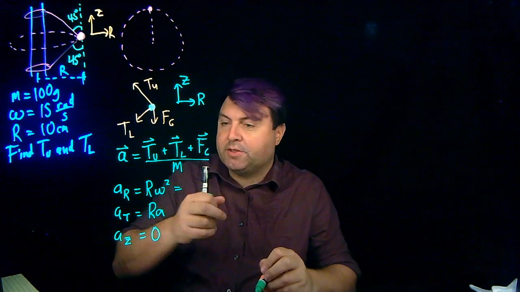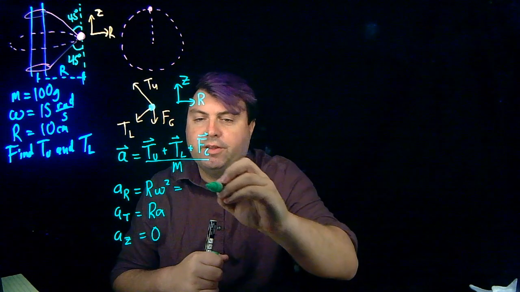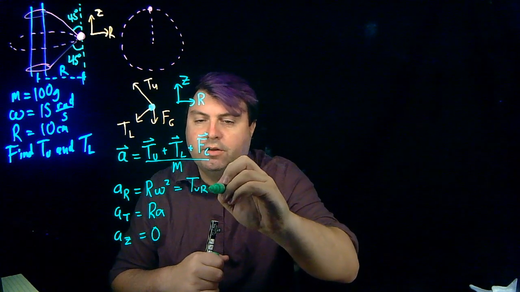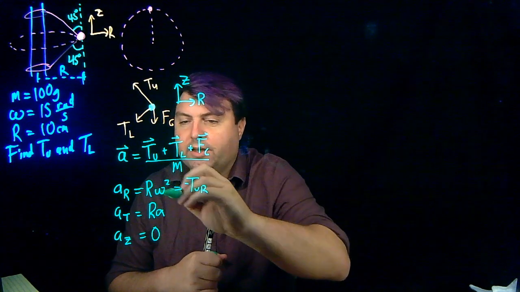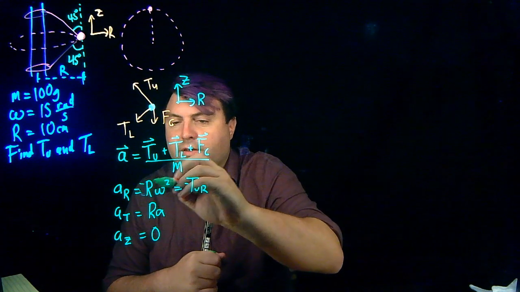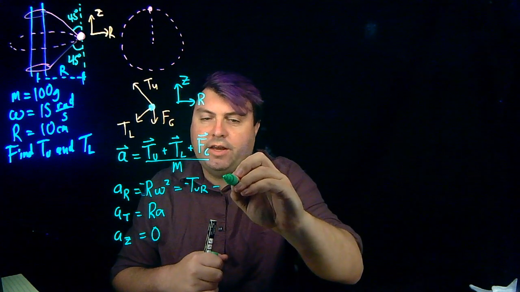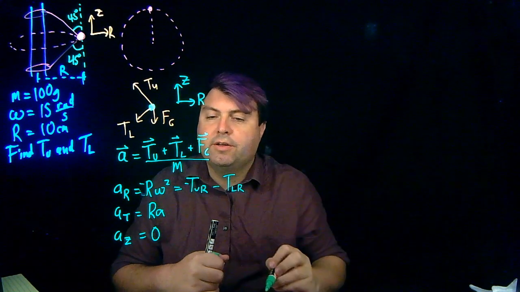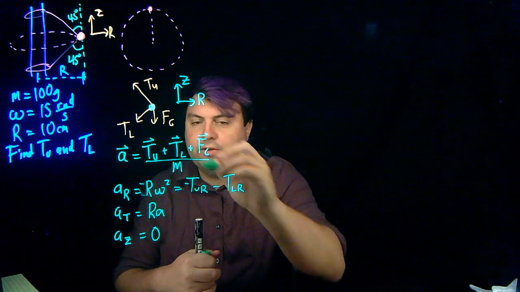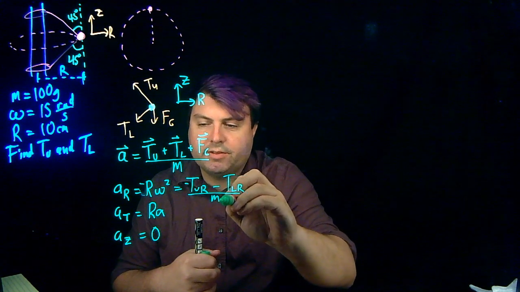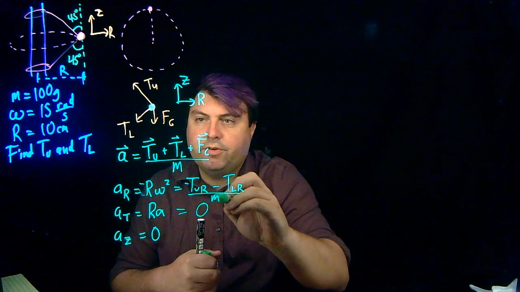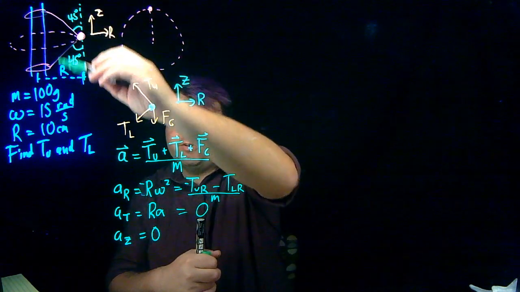Then we need to figure out which direction these things are in. For a sub r, we have TU in the radial direction, and it's negative. And then we have TL in the r direction, and that's negative. That's the only force in the r direction, so we divide by the mass. In the t direction, we don't have any forces in the tangential direction.